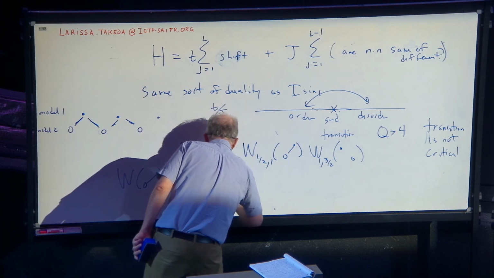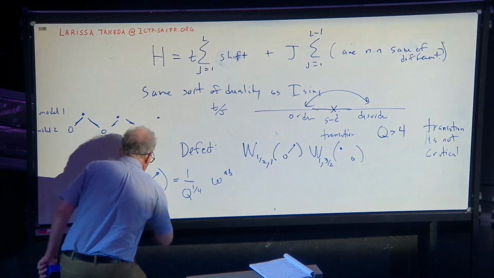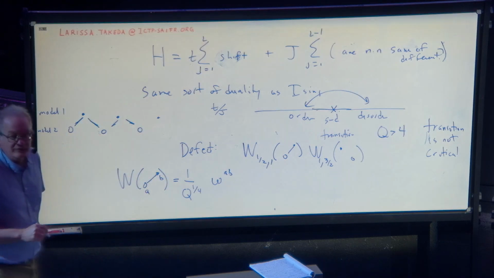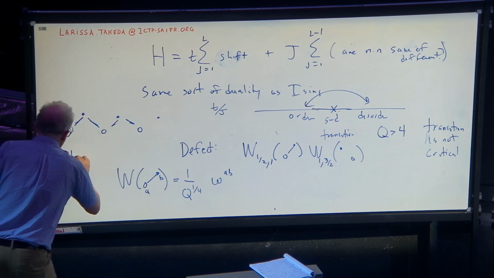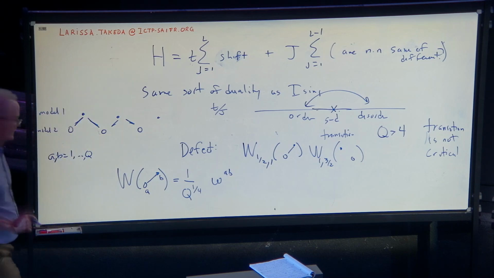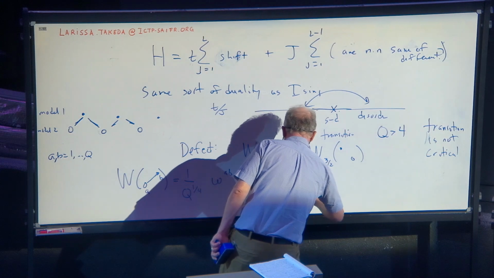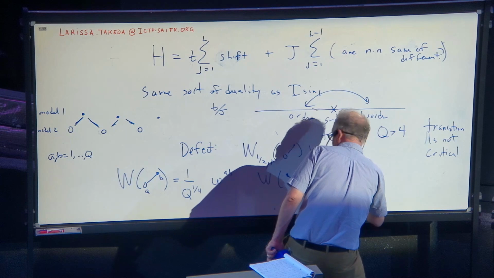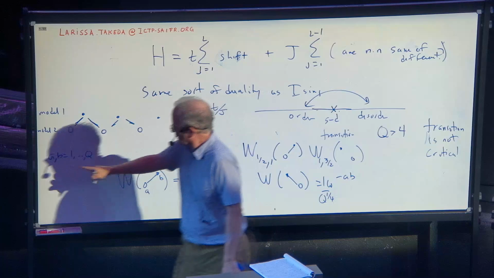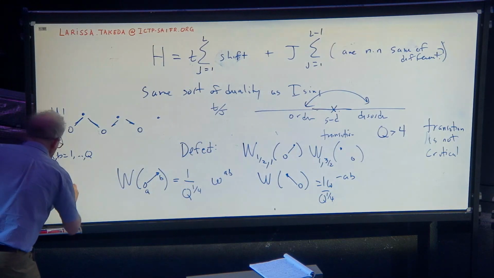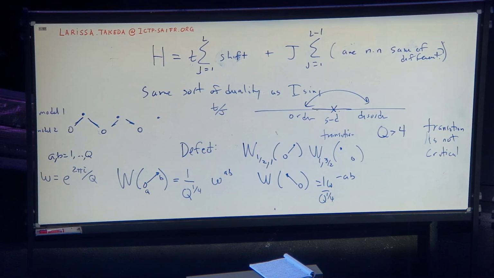And then we get omega_AB, where the two Q-state spins are A and B, where A and B are running from, say, 1 to Q. But then the slight catch when you work this out is the other one is the other, minus AB. I didn't say what omega is, but I'll say that in a second: it's the Q-th root of unity. So that's what you find.